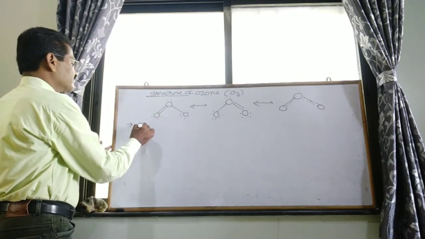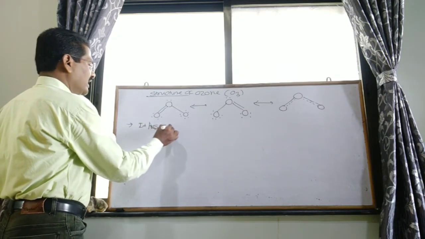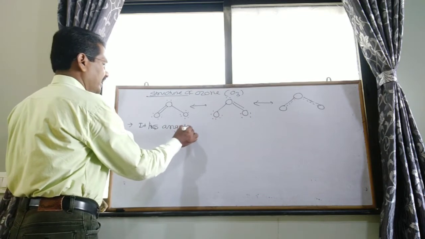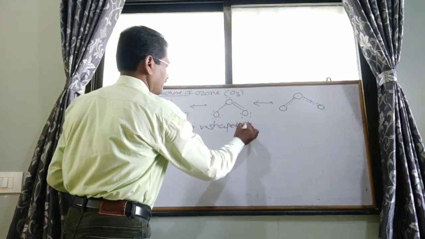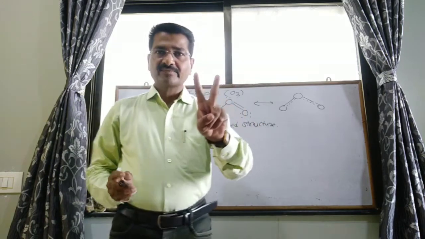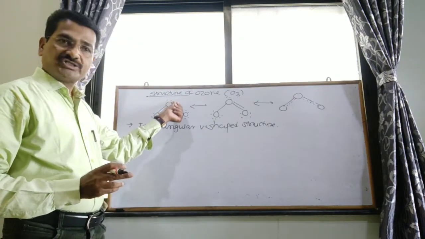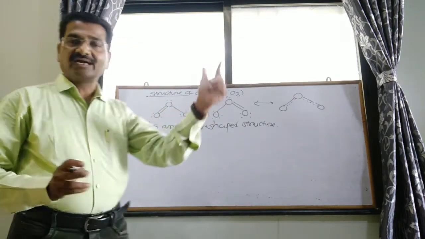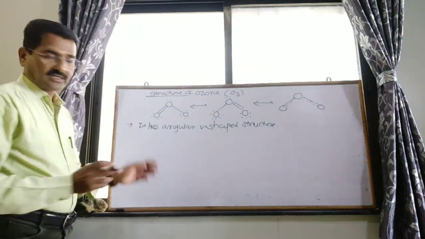It has an angular, V-shaped structure. Ozone possesses a V-shaped angular structure in which one central oxygen and two other oxygens link with each other to form the V-shape.